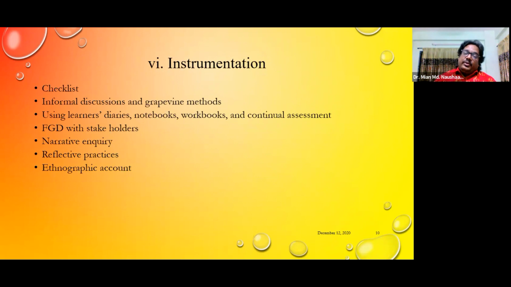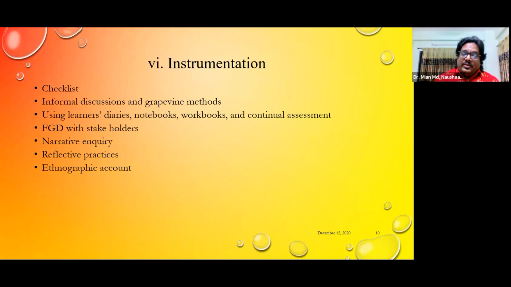If we want to evaluate the course books or course materials that we are using, then what kind of research tools do we need? Basically there are different kinds of tools. Let's say the most standard one is the checklist, which is often fixed, structured.